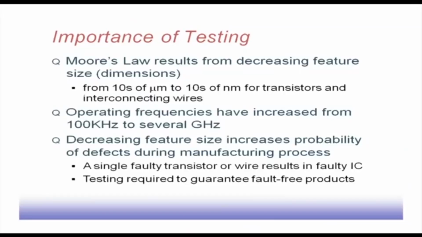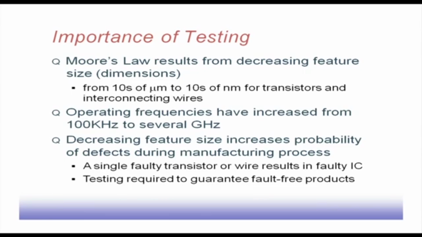We cannot have a 100% pure silicon wafer. So, when we put more and more devices onto the chip, the possibility of some of them becoming faulty increases, because the density is increasing. So, the probability of defects during the manufacturing process will increase.